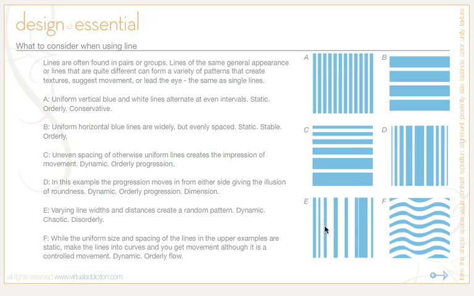In example E, we've varied the line widths and the distances to create a more random pattern. This is dynamic, chaotic, and disorderly. And finally, in example F, the uniform size and spacing of the lines is definitely apparent, but the lines have now been made into curved shapes, and this creates a lot of movement, although it is a controlled movement. So this gives you the feel of dynamic and orderly flow.